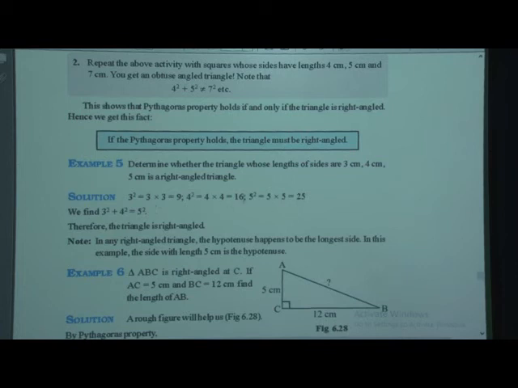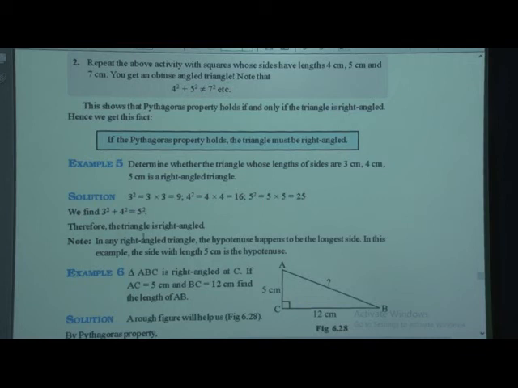Now we know the property of a triangle. So we find that 3 square plus 4 square is equal to 5 square. When you add this, 16 plus 9, that is 25. So we can say these are the two sides of a right angle triangle, that is the legs, and this 5 square, which we got as 25, is the hypotenuse.